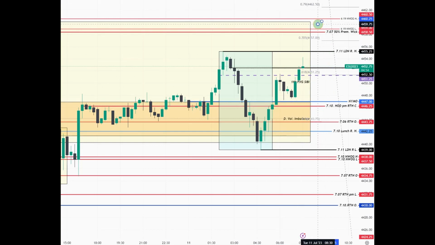I'm watching the levels, and I'm not really wanting to get involved here unless we have a meaningful extension one way or the other, and we're in the middle. The yellow rectangle here, that's a larger 1 hour fair value gap, SIBI, sell side imbalance, buy side inefficiency, and this orangish rectangle here, this is a daily volume imbalance.